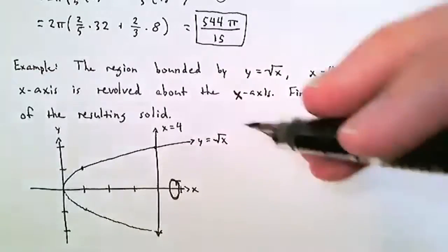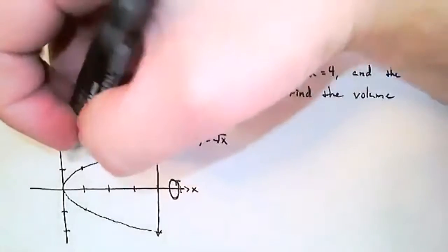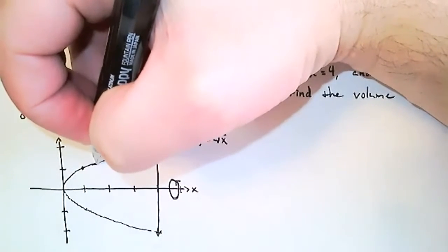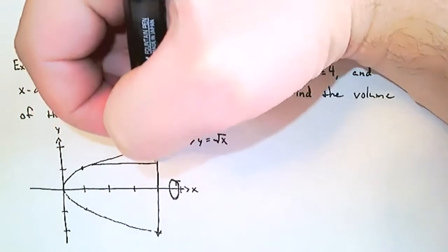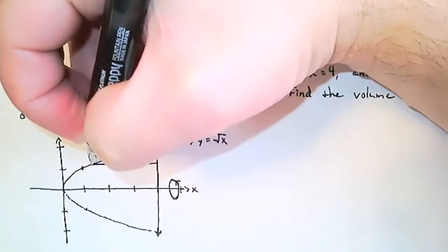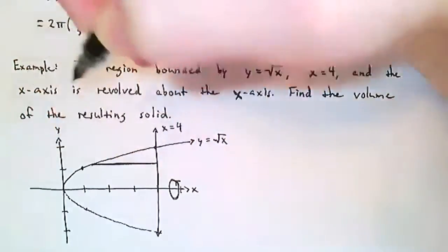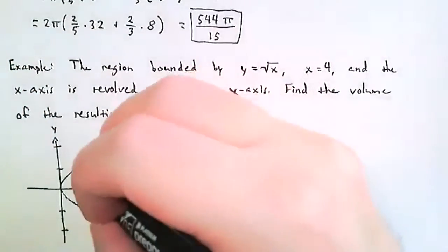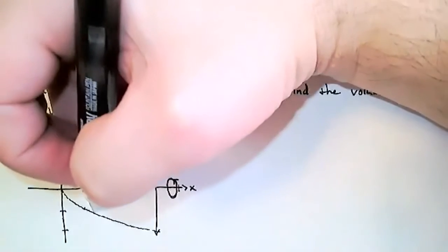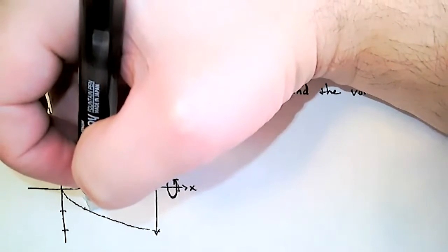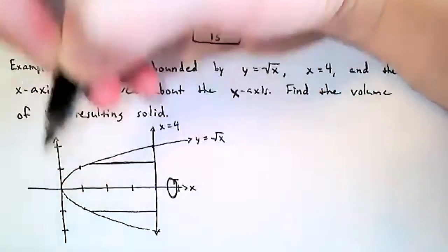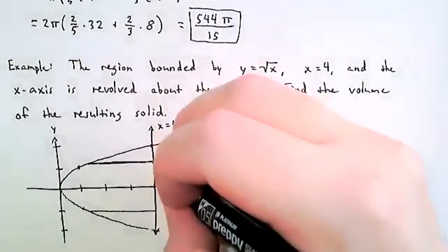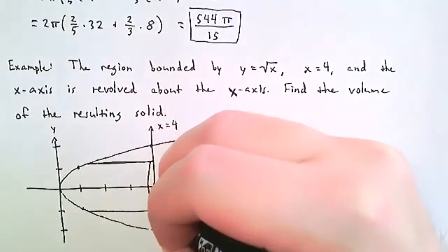But what I want to do for this one is actually compare what would happen if we did shells again. So I want to slice this way horizontally, and this is going to make cylinders again. I can try to draw one here.